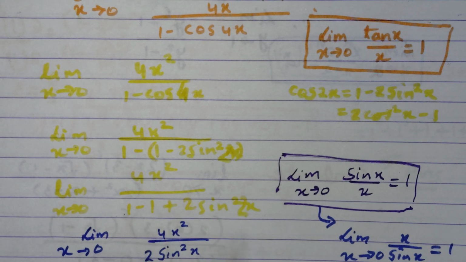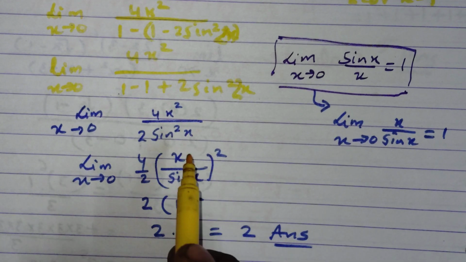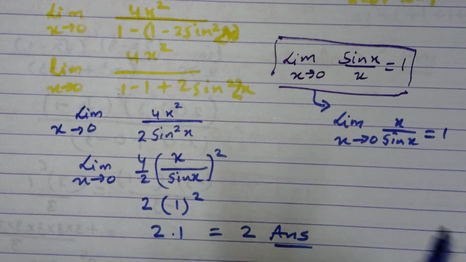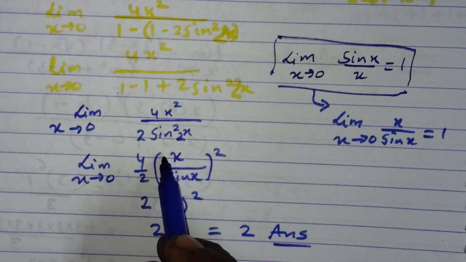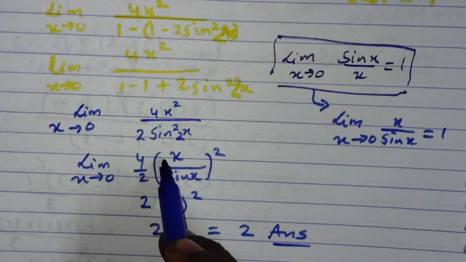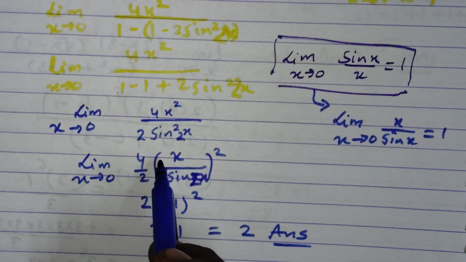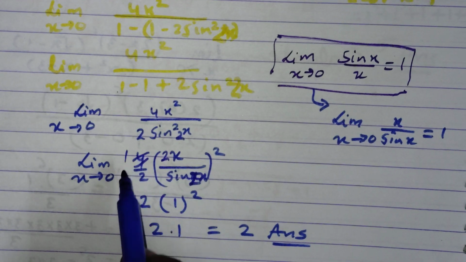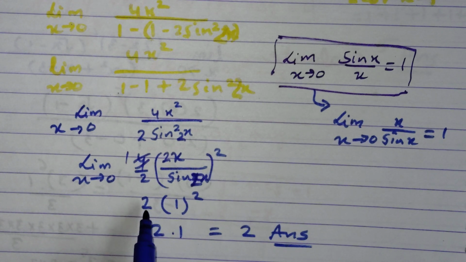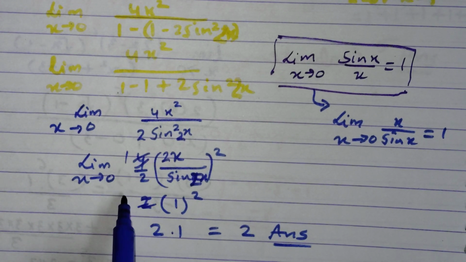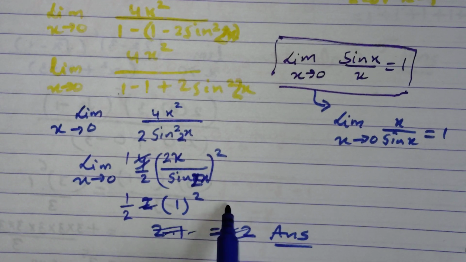So in whole square we can write 2x. How do we write 2x? This 4 we send inside, it becomes 2x square, and its value becomes 1 over 2, because the 2 will be left. So the final answer is 1 over 2.